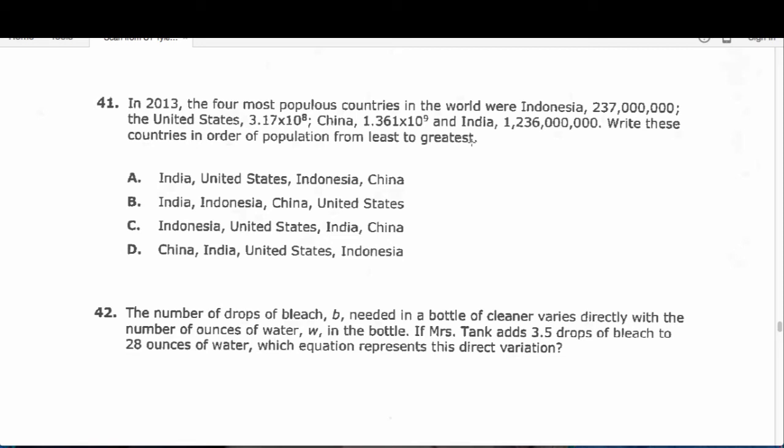Write these countries in order of population from least to greatest.